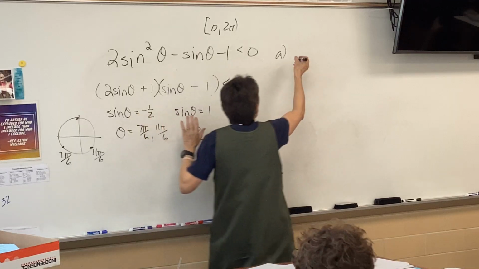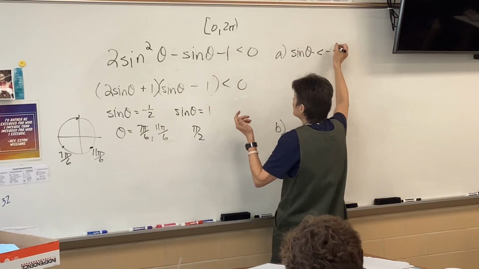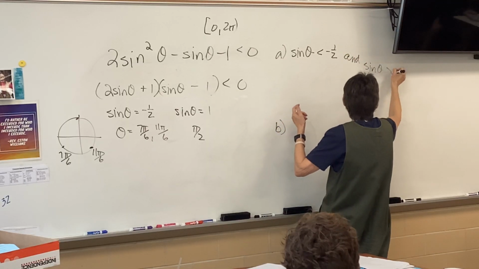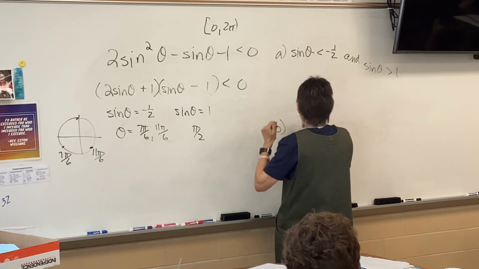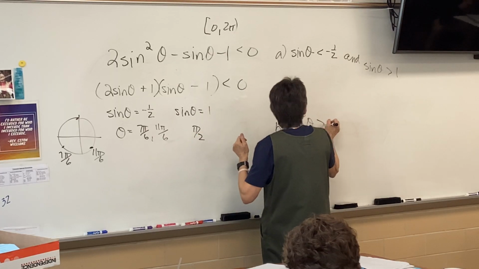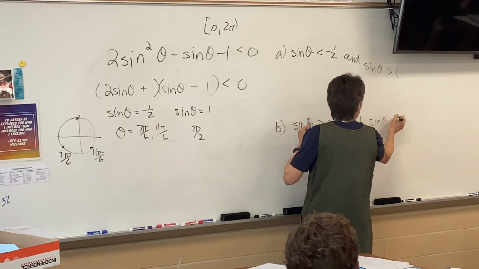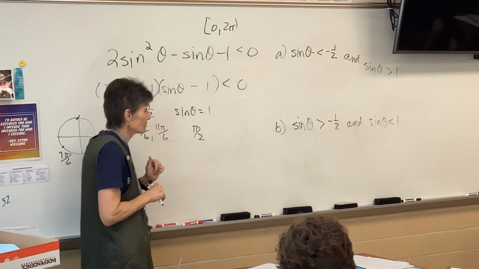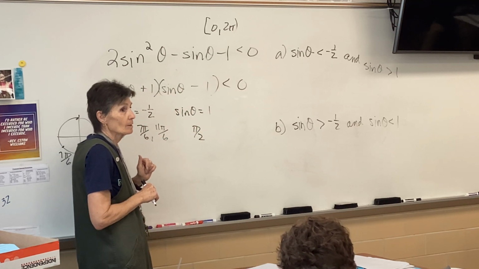So sine theta is less than -1/2, and sine theta is greater than 1. So this is the less than, greater than. The other one will be greater than and less than. And of course, the order you do those is irrelevant. Okay?